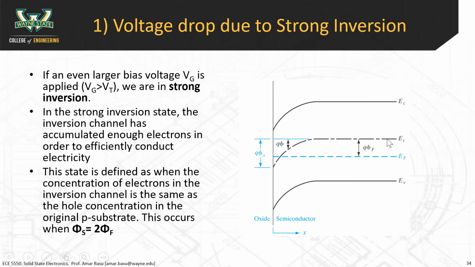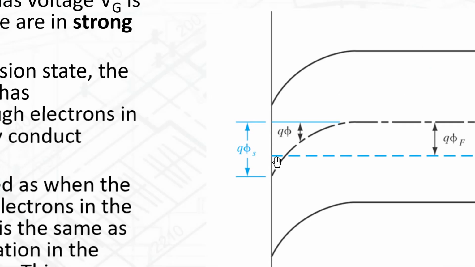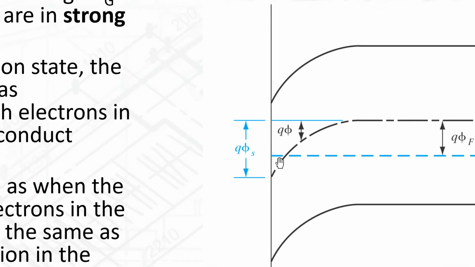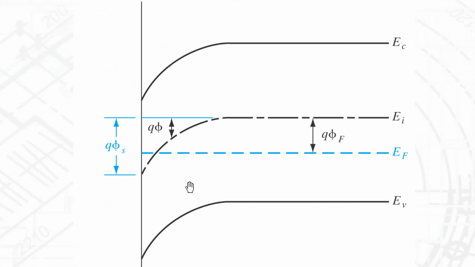So what we want to do is make the material n-type at the interface. And how do we know it's n-type? Because EI is less than EF now. This is the key part. This blue dotted line here is the Fermi level, and EI is now below EF.